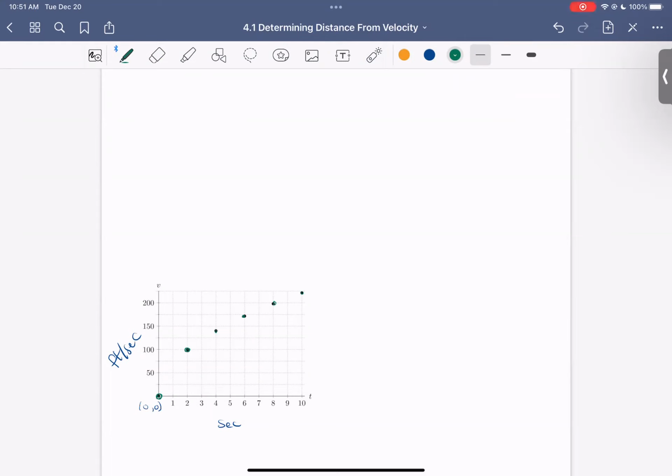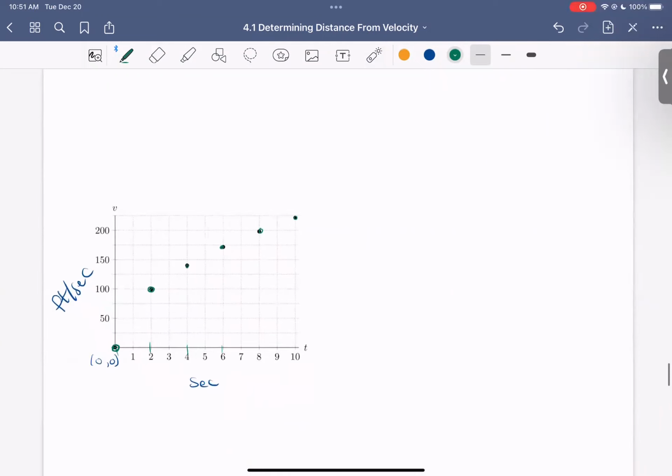So what we can do is assume the plane was going at a constant rate in between these intervals of time. And again, we know that's not true, but we don't have more information about this data. So we have to simplify things to use what we do know. And what we know is how to find distance with a constant velocity.